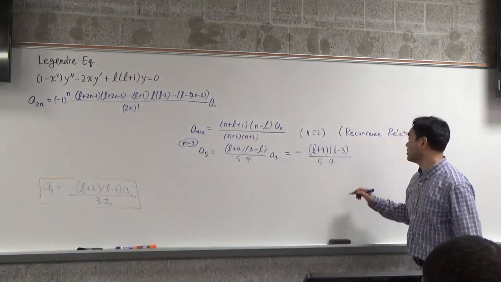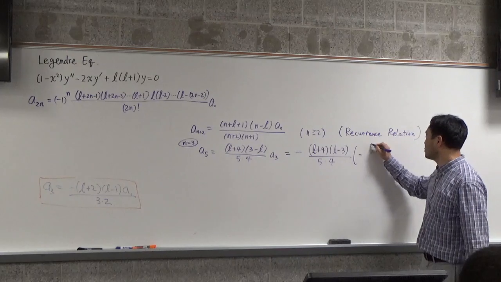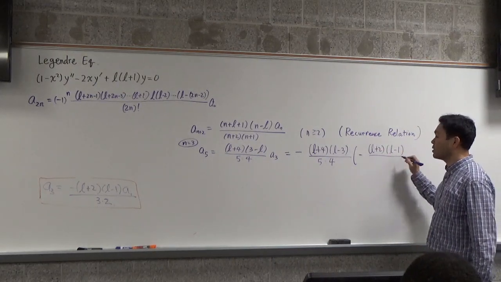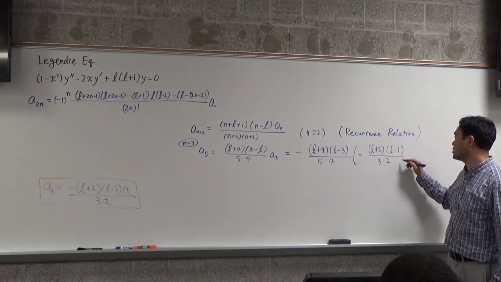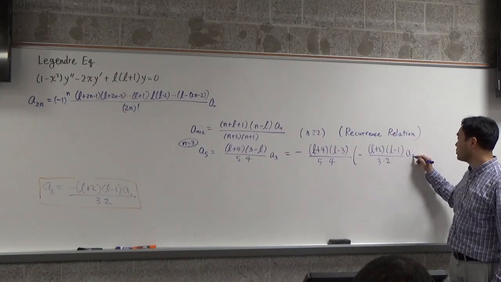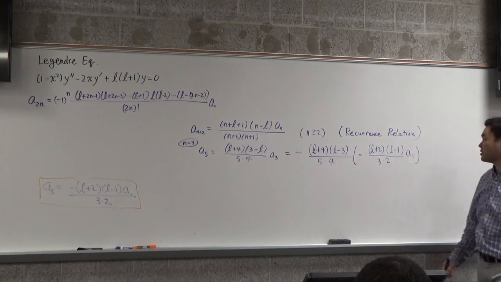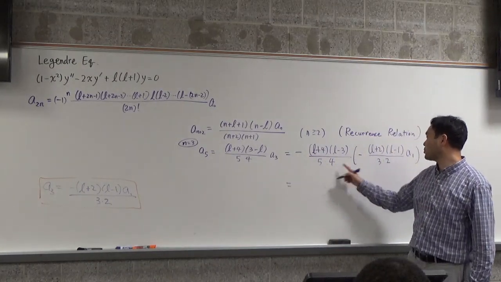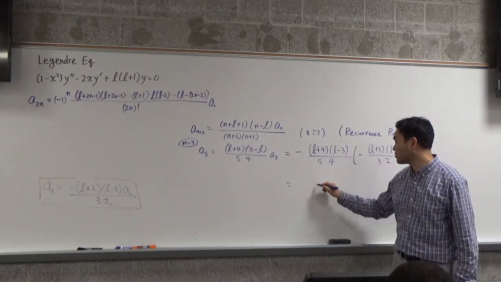This is minus L plus 2, L minus 1, over 3 times 2 of A1. Minus minus is plus. 5, 4, 3, 2. What's that? 5 factorial. So at the bottom you have 5 factorial.